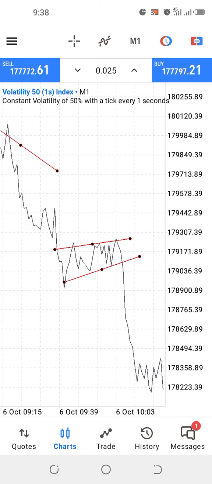But our entry should be best done in the direction where the price is generally pulling. In this case, it is the downtrend. So it is wise we enter at the third point, at a sell point from the third resistance line.